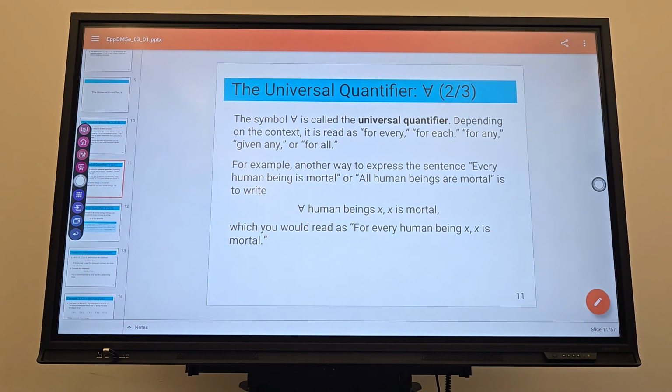The symbol inverted A is called the universal quantifier. Depending on the context, it is read as for every, for each, for any, given any, or for all. For example, another way to express the sentence every human being is mortal, or all human beings are mortal, is to write inverted A, human beings x, comma, x is mortal, which would read, for every human being x, x is mortal.